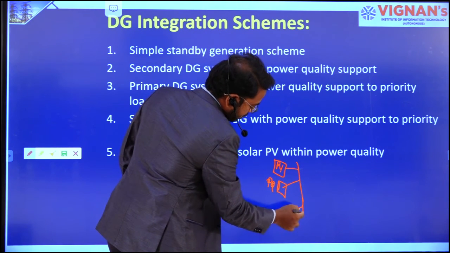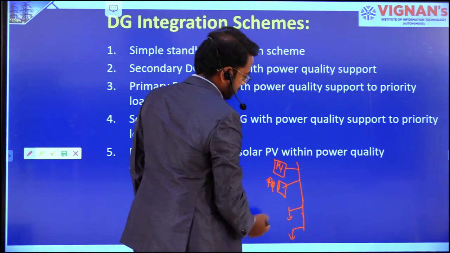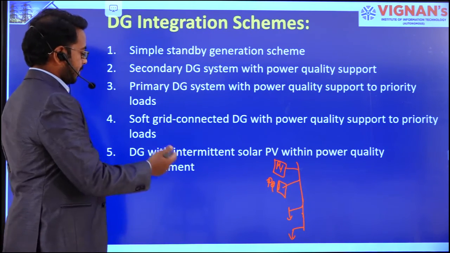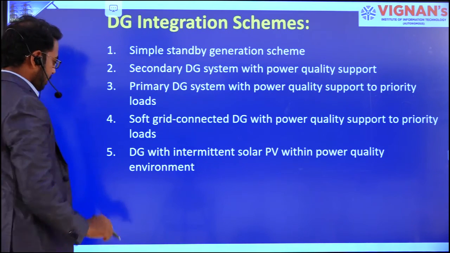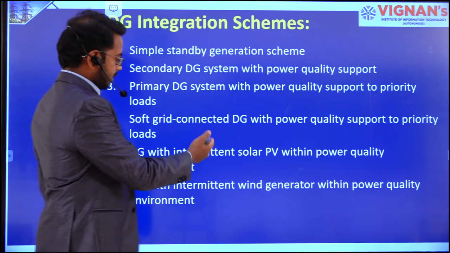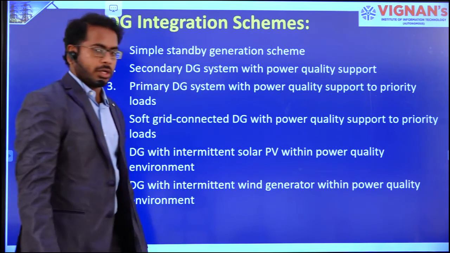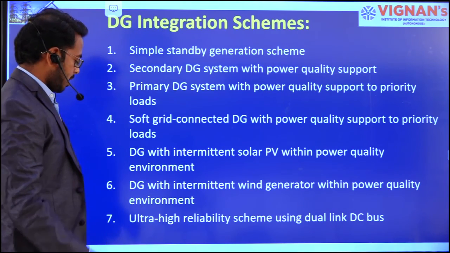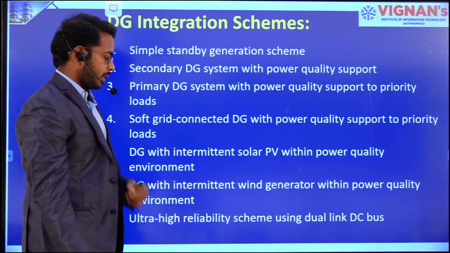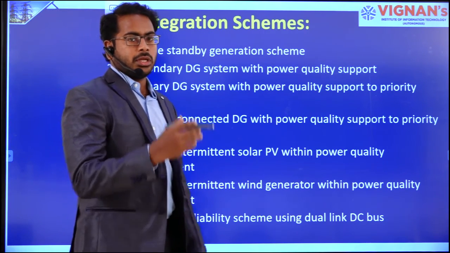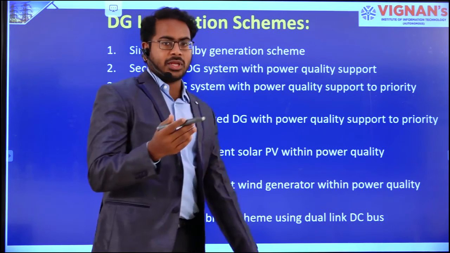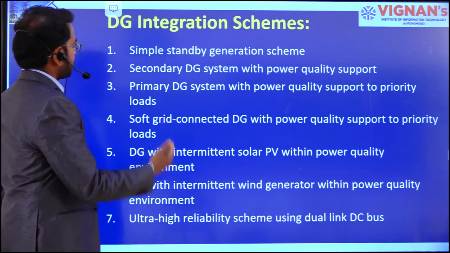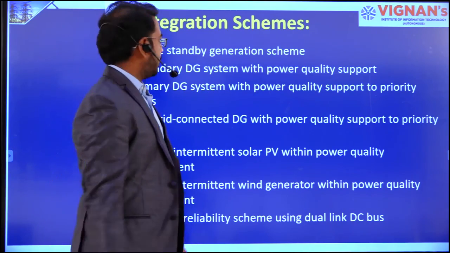These are some loads. So we can say this is a DG with intermittent solar PV. The next one is the same, but in place of solar PV, wind generation within a power quality environment. The last one is an ultra high reliability scheme using a dual link DG bus, the bus which is connected between our DGs and the grid. So these are the different schemes for DG integration.